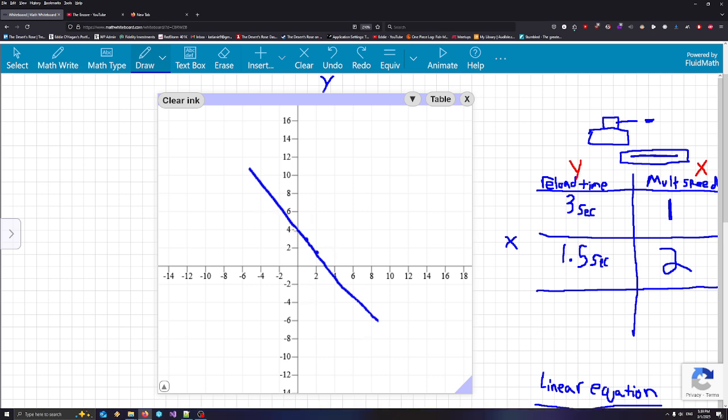So if I gave you a reload time, let's say, of 6, what would the multiple speed be? So if we go to 6 on the Y here, we can see the multiple speed would be over here on the line. And that would basically give you a number that would be exactly similar to these. So it would be scaling the speed of the reload time, and putting it in other terms.